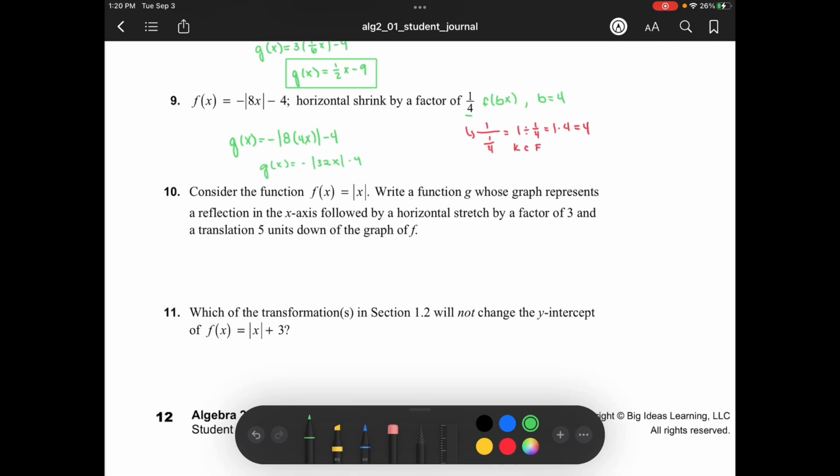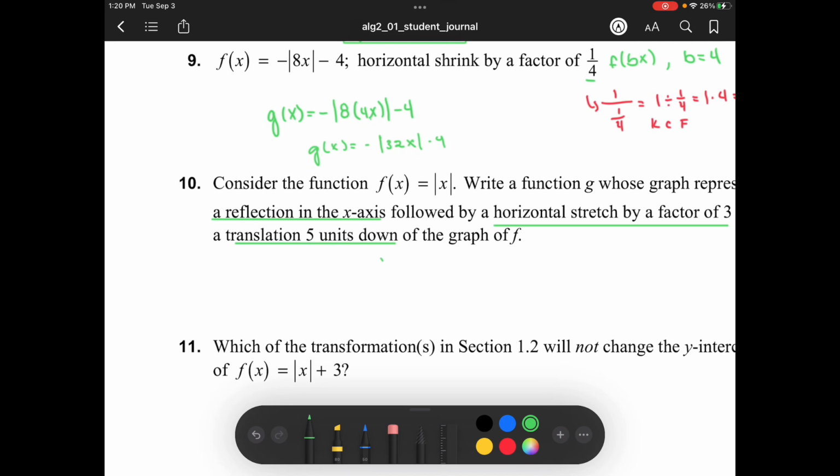Consider the function f of x equals the absolute value of x. Write a function g whose graph represents, we have our order here, a reflection in the x-axis. Then we're going to do a horizontal stretch by a factor of 3 and a translation of 5 units down. Awesome. So we're going to have g of x equals, the first thing we need to do is a reflection across the x-axis.